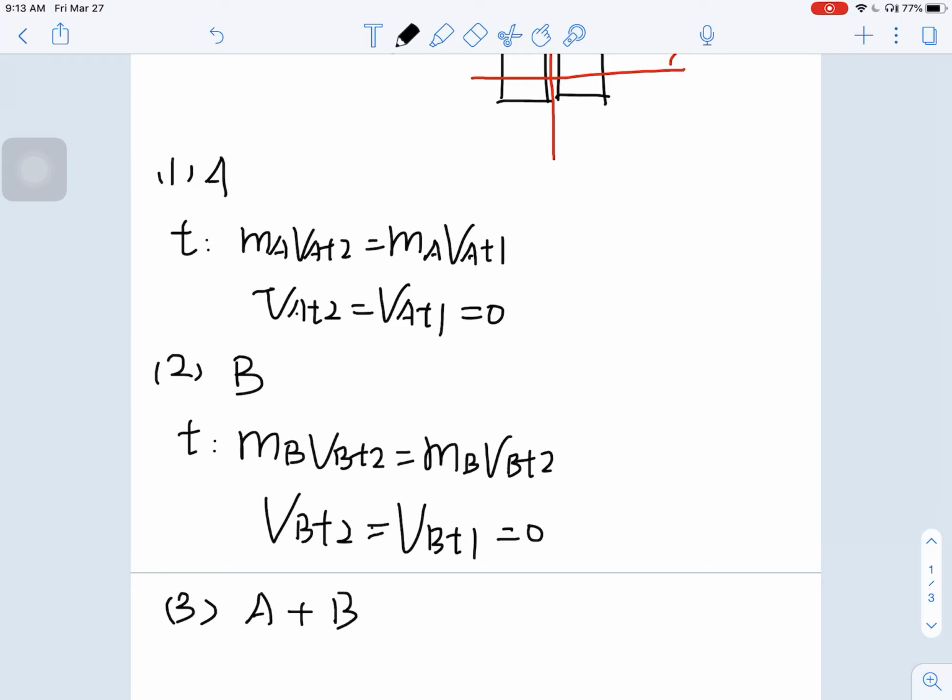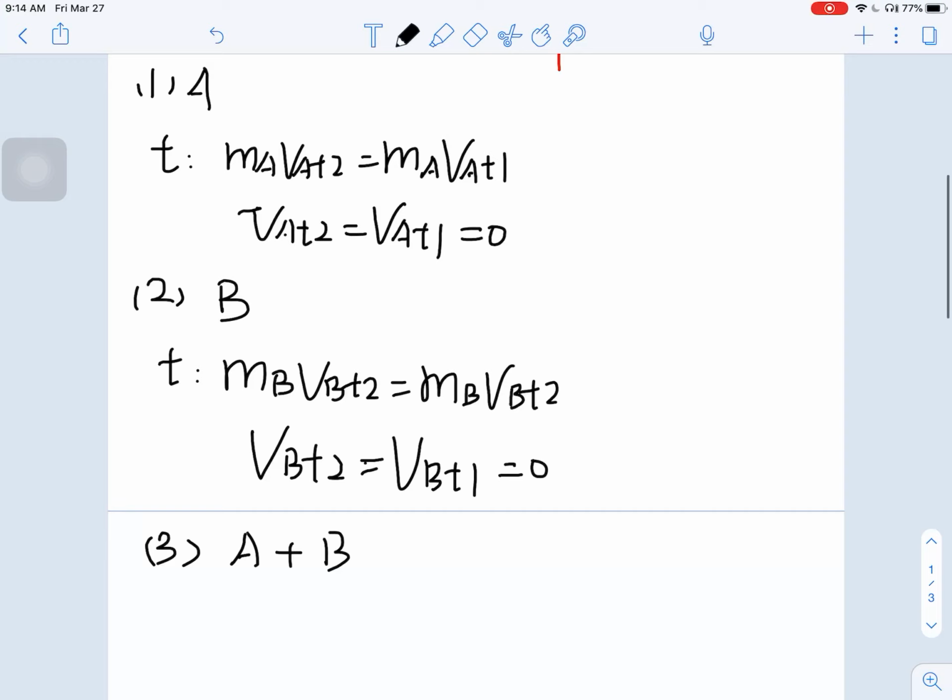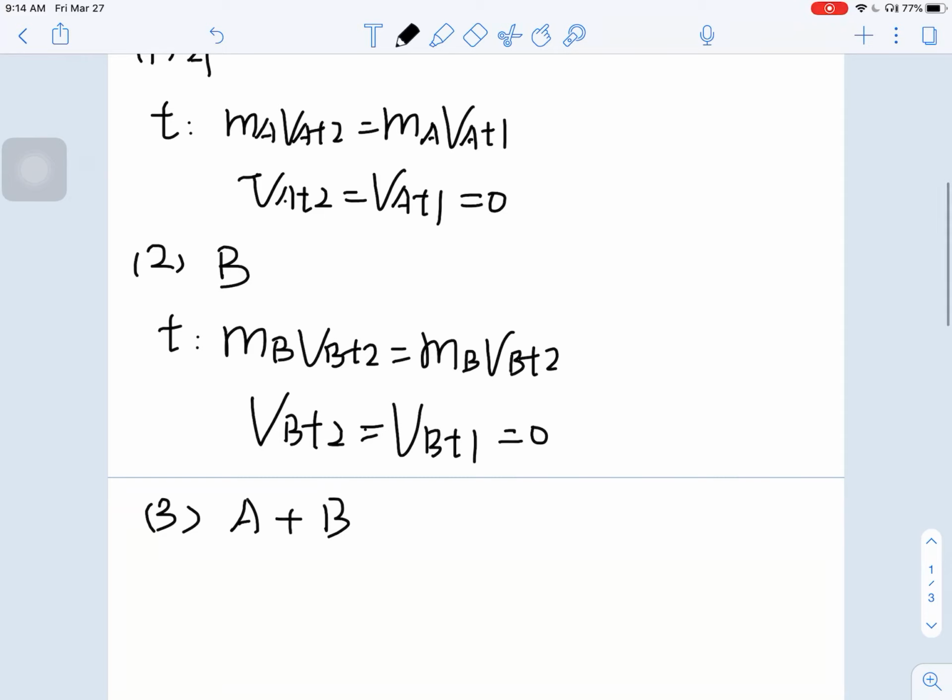Okay, the third step is looking at A and B together. If you look at A and B as a whole system, we can find the conservation of momentum in the n direction.